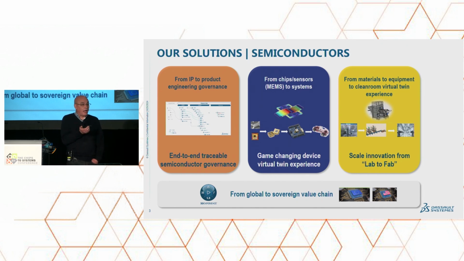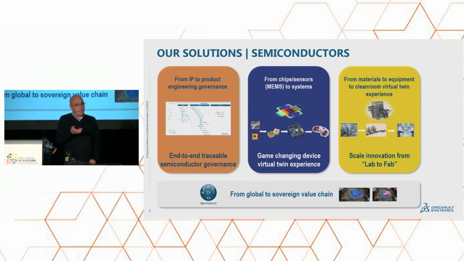So this is about the how, and we are going to see that we can create a complete virtual representation of that ecosystem. And finally, the third axis is about the who, and that's the orange pillar on the left. And the who are the people, are the processes that are meant to be used and to be leveraged in order to create those virtual twins. So that's the virtual twin of the company or of the supply chain, the value chain.